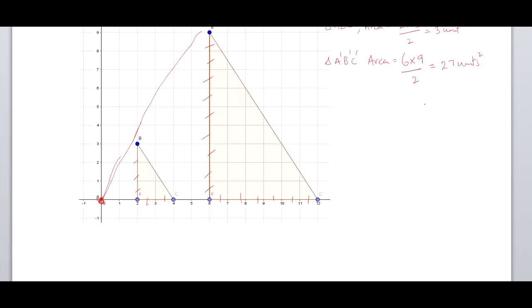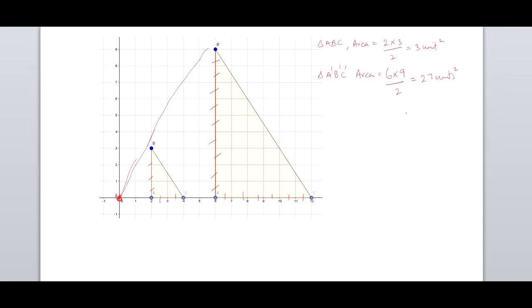Now a typical question is to ask about the area: what is the relationship between the area of the image and the area of the object? In this case, if we look at the length, A prime C prime is equal to 6 units, and AC is equal to 2 units.